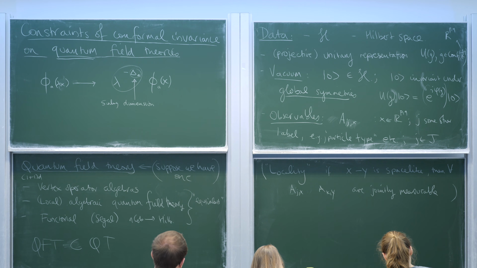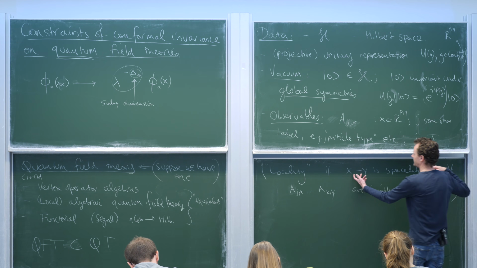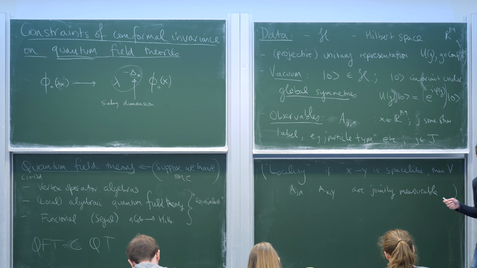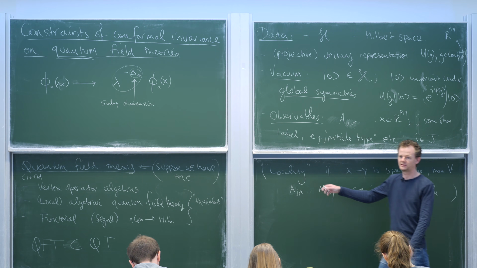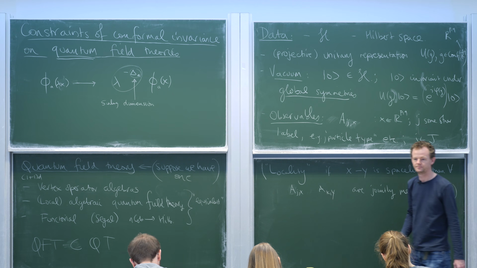That's, I think, the most correct definition of locality that you can demand. So if x and y are space-like separated, then you can always jointly measure the observables labeled by x and y, for all j and k and so on.